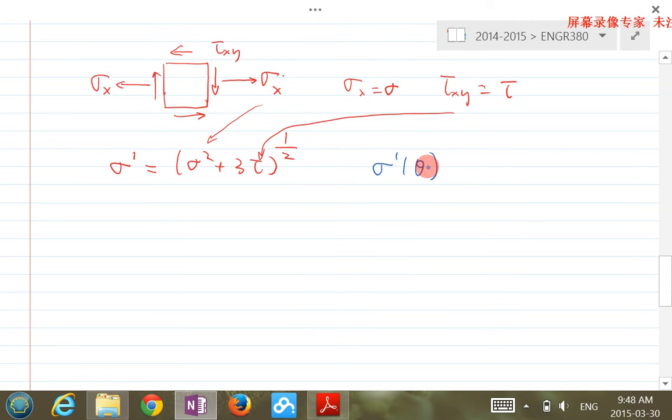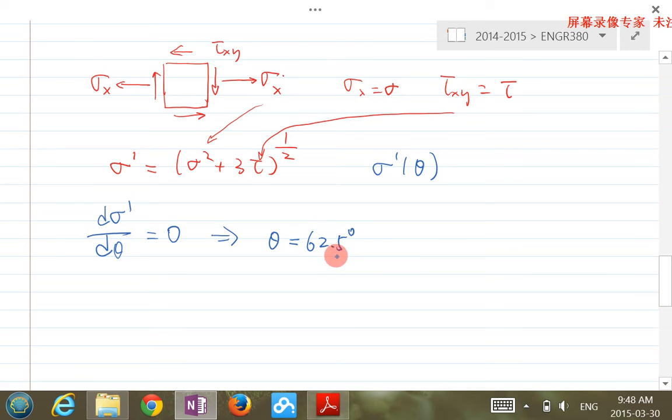So the question here is, at what angle theta would you have the maximum von Mises stress, sigma prime? What would you do? You take the first derivative over theta and set it equal to 0, and solve for the angle theta. That's called the stationary point, and you get the angle is 62.5 degrees.